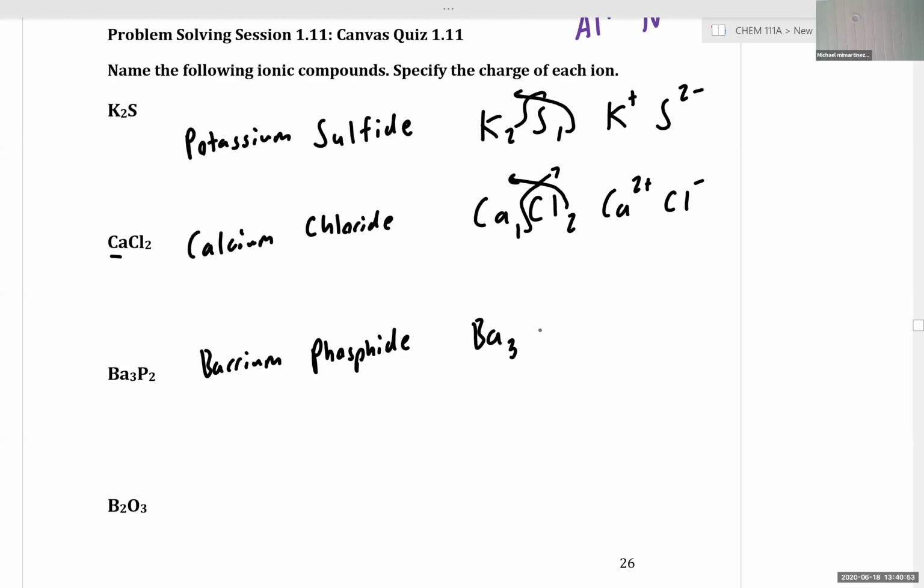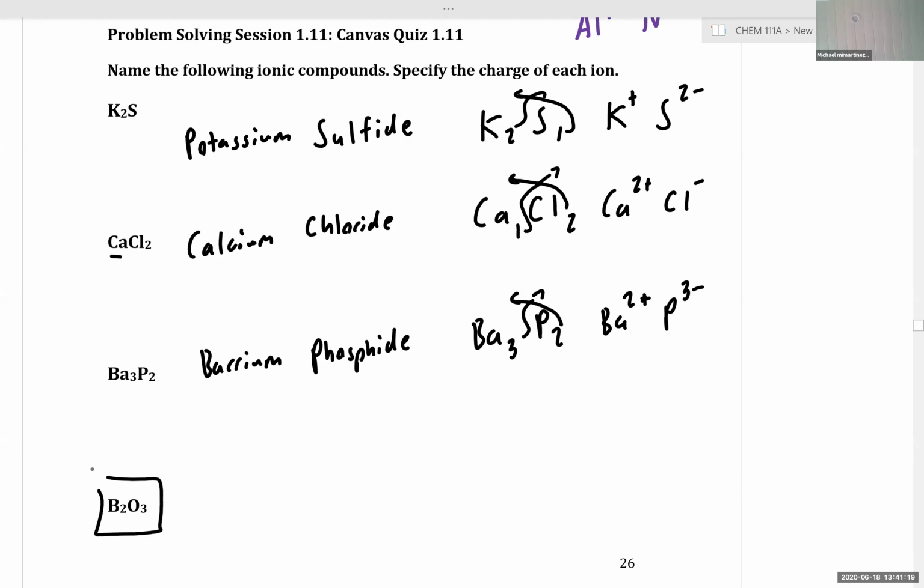If we wanted to figure out the charge of each of our ions, we reverse cross our charges. That gives us barium 2+ and phosphorus 3-. Remember, the metal cation is always positive. The non-metal anion is always negative.